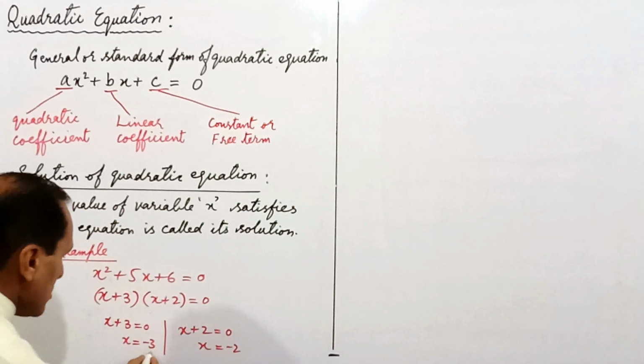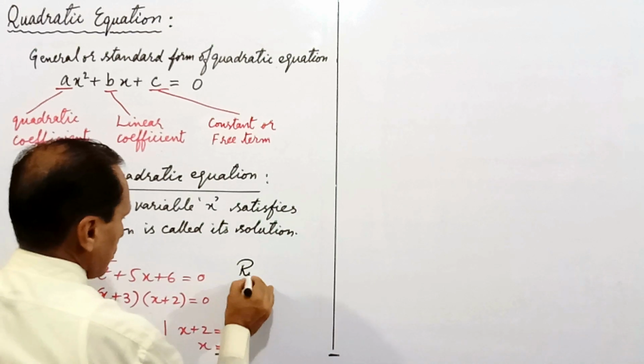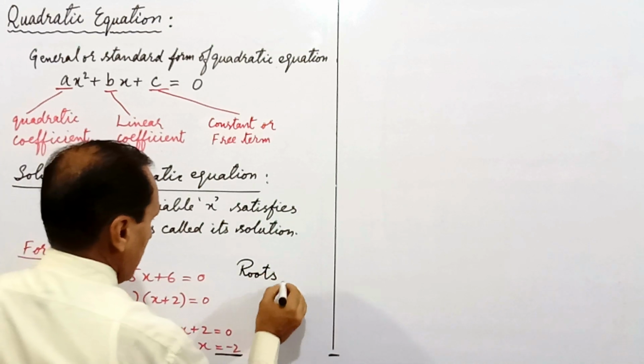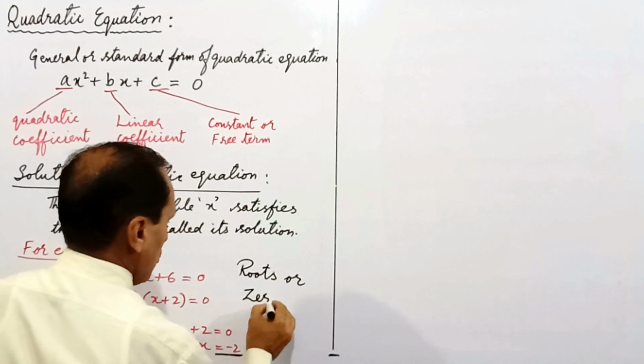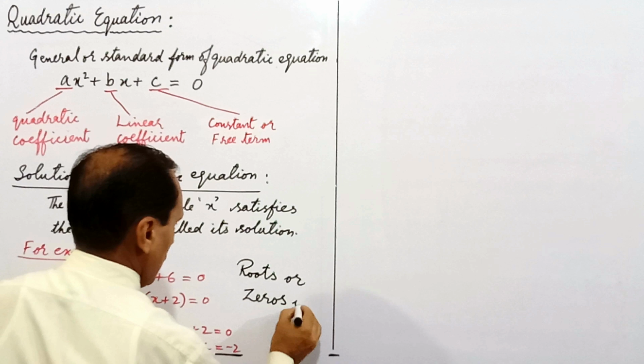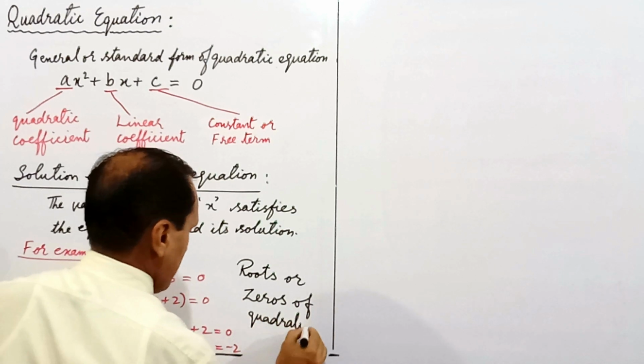These are also called roots or zeros of the quadratic equation.